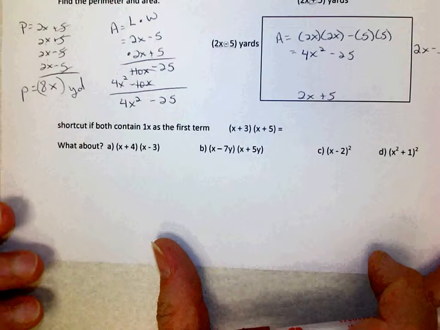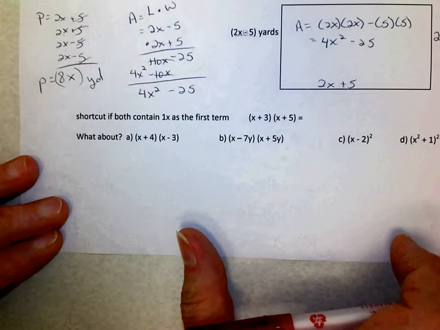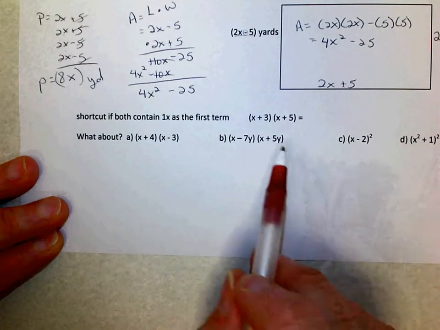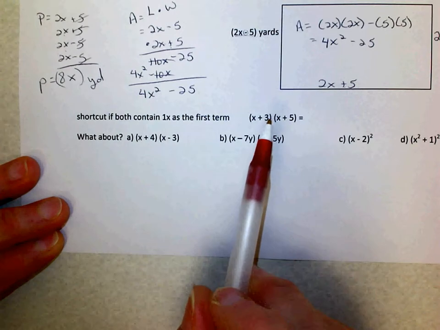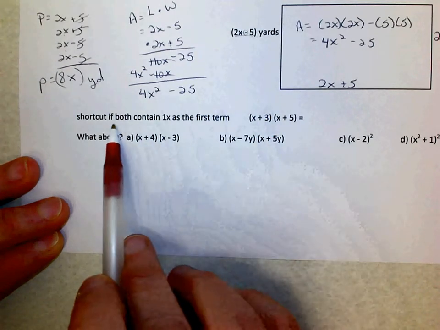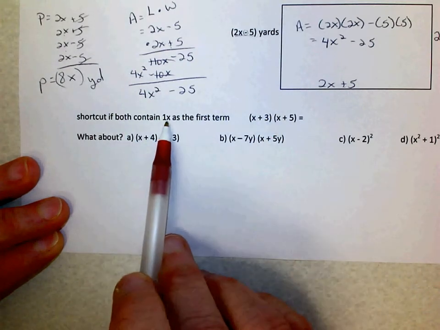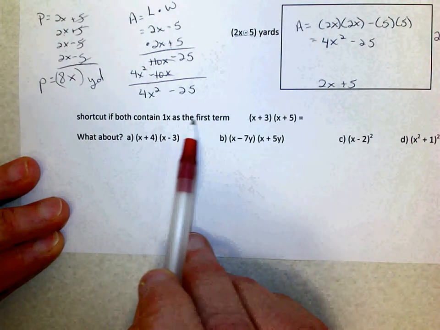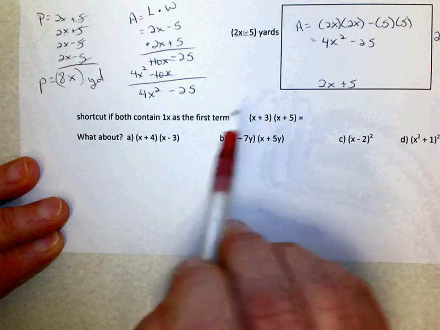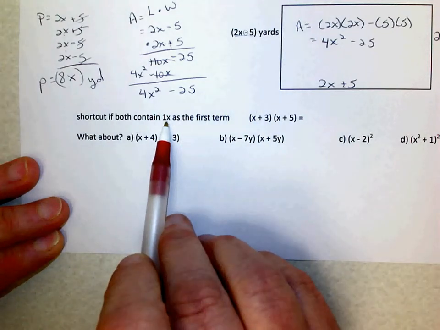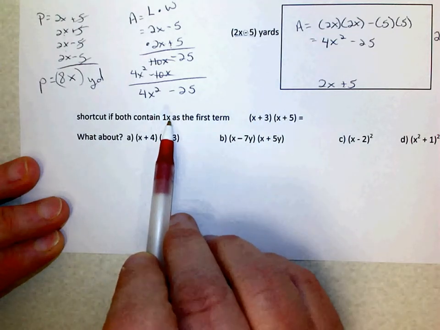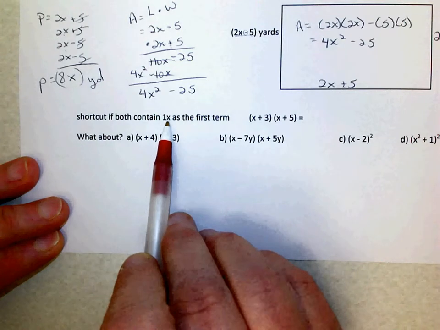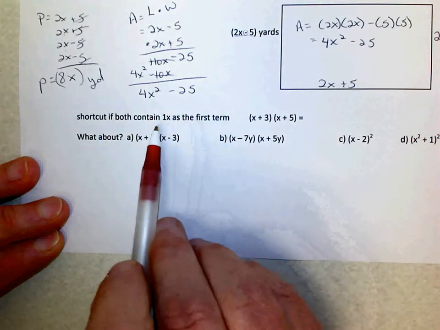Now, I want to show you a nice little thing here. And I love this shortcut if both contain a 1x or a 1x squared as your first term. If one is 1x, the other one has to be 1x. If one is 1x squared, the other has to be 1x squared. So they have to be the same for both.